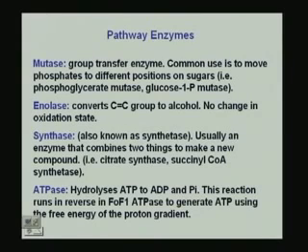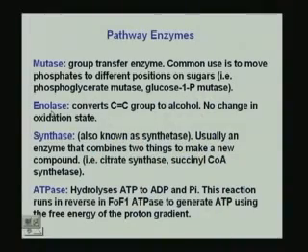The common use would be the transfer of phosphate to a different position. An example being glucose 1P mutase, which would transfer the phosphate from carbon 1 to carbon 6, forming glucose 6-phosphate from glucose 1-phosphate. In that case, you would need mutase.